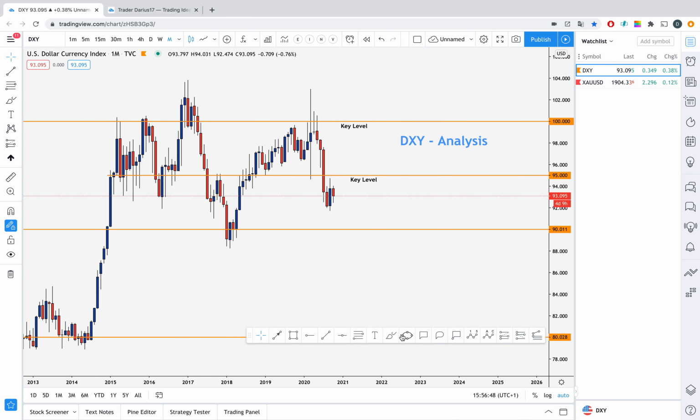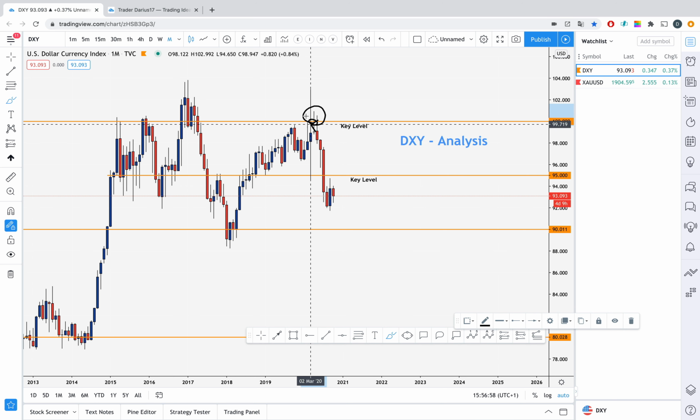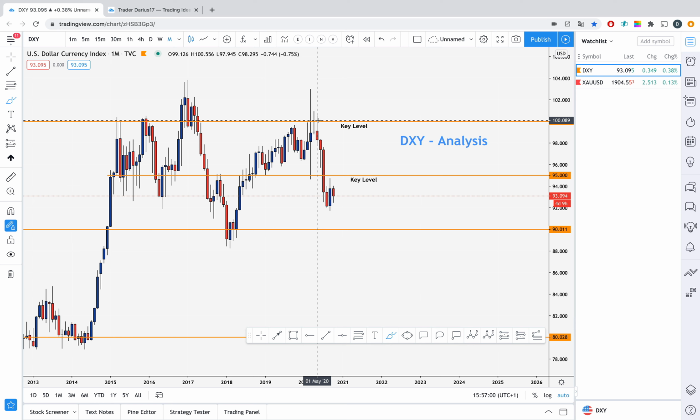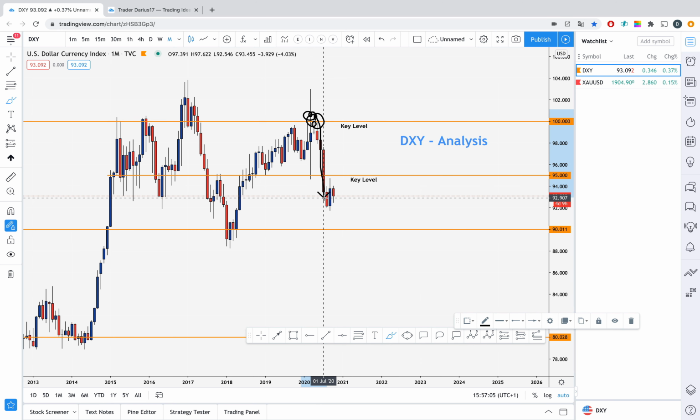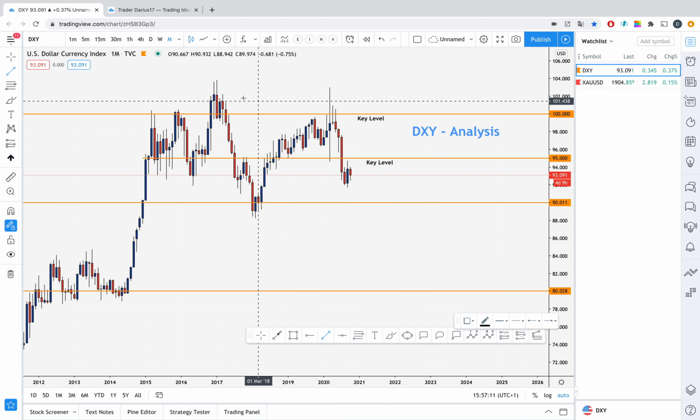As you can see from this level, the whole DXY movement to the downside started because the market came to the upside and rejected massively at this round number. Only hedge funds and big players have that amount of money to push the price that hard to the downside. But this is not the only reason why the market started to drop.